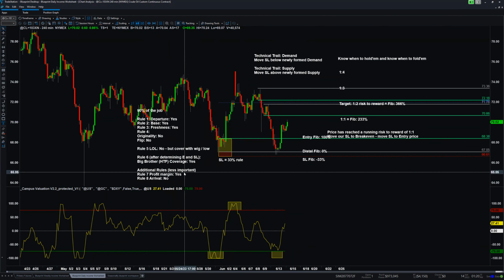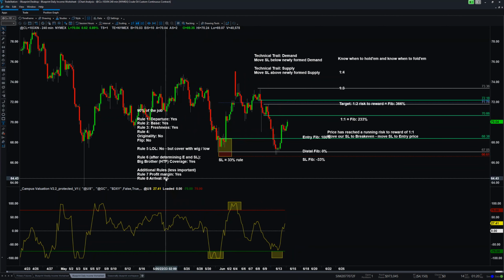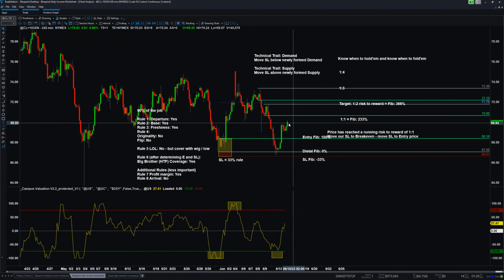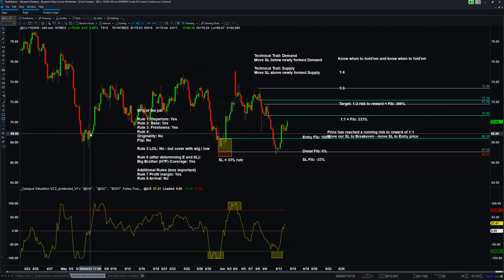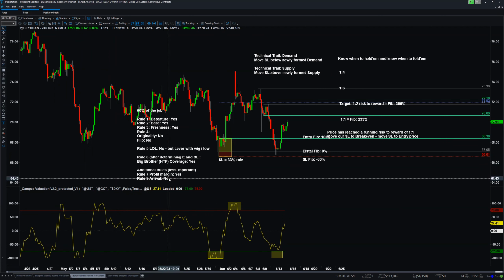Looking at the context of everything that we've done in terms of the departure, the base, the freshness, the fundamentals and the higher time frame technicals, they overrule these rules, right? If they're all checked, then looking at one rule down the line at the very end, in isolation, we're not going to say no to a trade just because one of the rules may not fall in line.